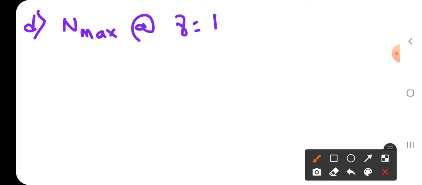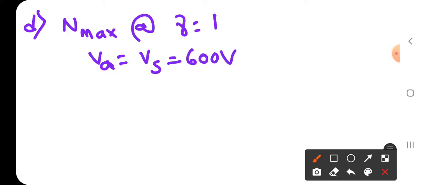Yes, that is the maximum possible speed, N max. It occurs at gamma equal to 1. Then VA is equal to Vs, which is 600 volts. Then what is back EMF?